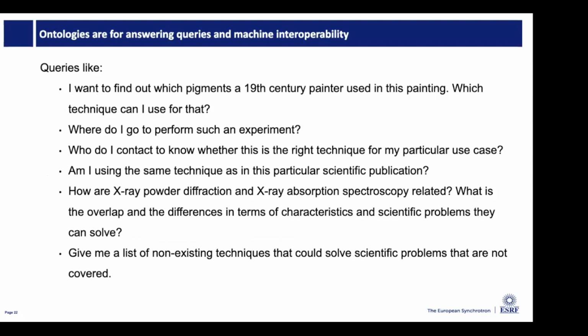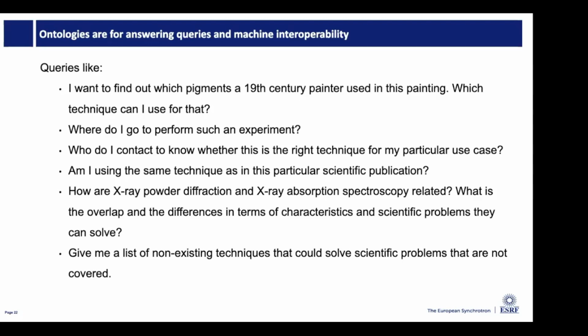Just to finish with that, ontologies and semantic web and FAIR data all have to do actually with answering questions. These are the kind of questions we first wrote before we started working on the project, and we would like to have a way to answer them after finishing the project, like where do I go to perform an experiment, or more complicated ones, and for this we need a lot more ontologies in order to get there.